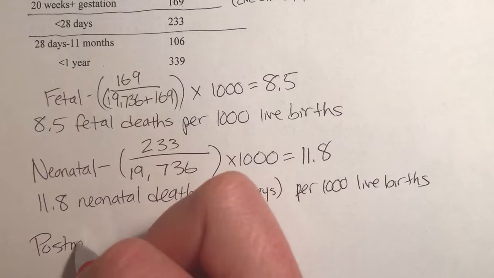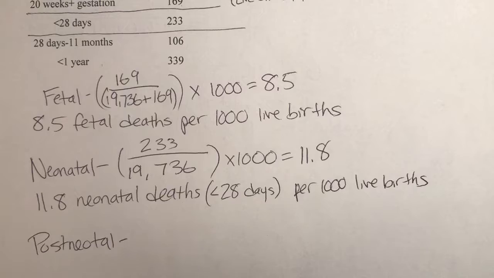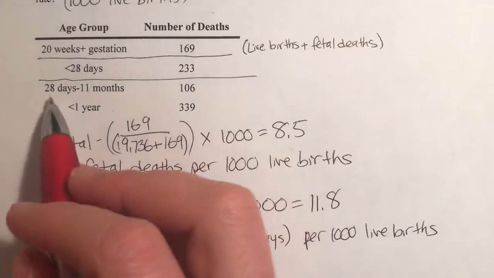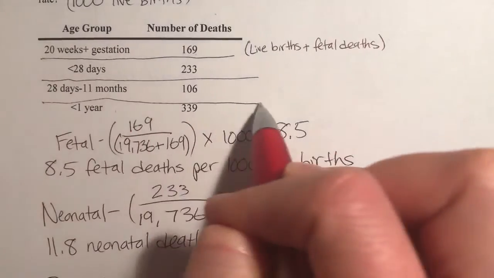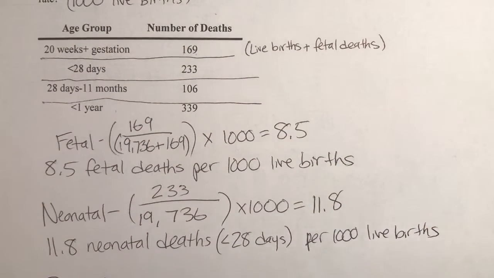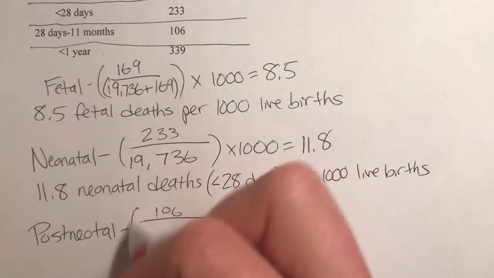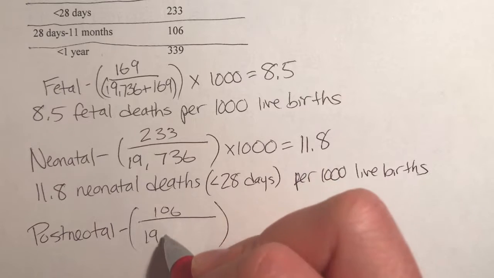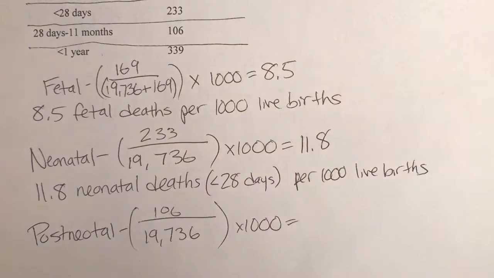Post-neonatal, I'm going to move this down a little bit. Post-neonatal is interested in deaths that occurred a little bit later in an infant's life. Here we're interested in those that occur between 28 days and 11 months. From our table, we can see that's 106. So we have 106 as our numerator, 19,736 as our denominator, and we still multiply by our constant.